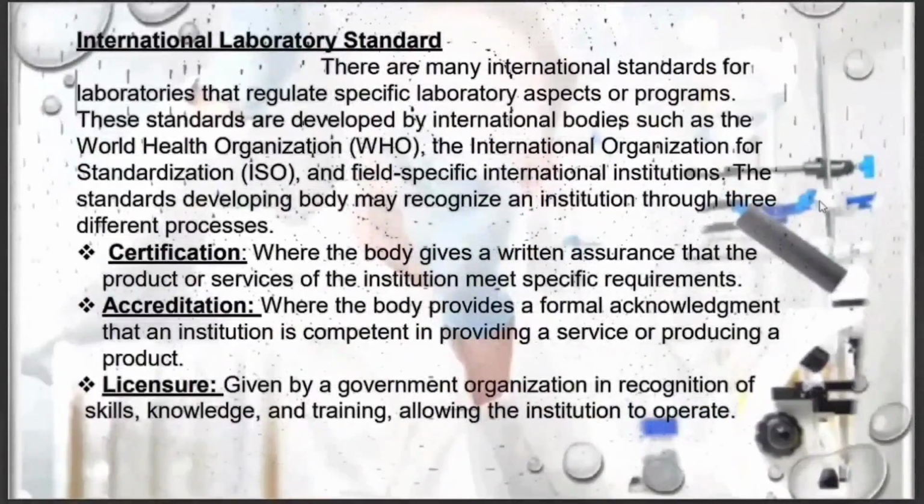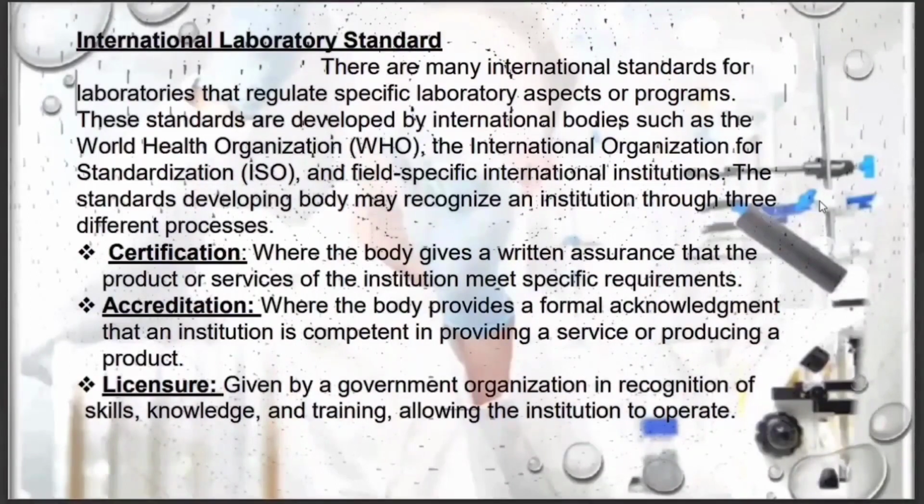International laboratory systems. There are many international standards for laboratories that regulate specific laboratory aspects or programs. These standards are developed by international bodies such as the World Health Organization and the International Organization for Standardization. The field-specific international institution or standard developing body may recognize an institution through three different processes.